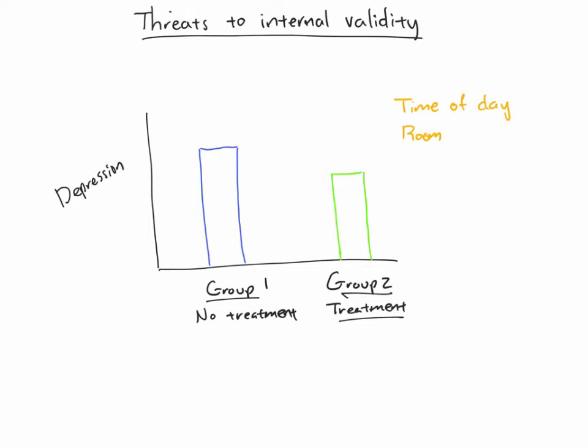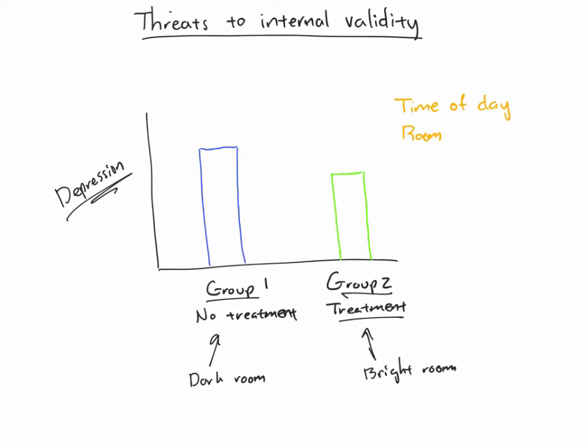Maybe this group happens in a very dark room, which puts people in a bad mood, whereas this one happens in a nice, bright, clean room that tends to put people in a good mood, because that's a difference other than our treatment, and it's a difference that could be affecting this dependent variable of depression. That provides an alternative explanation, and that means that is a threat to internal validity.